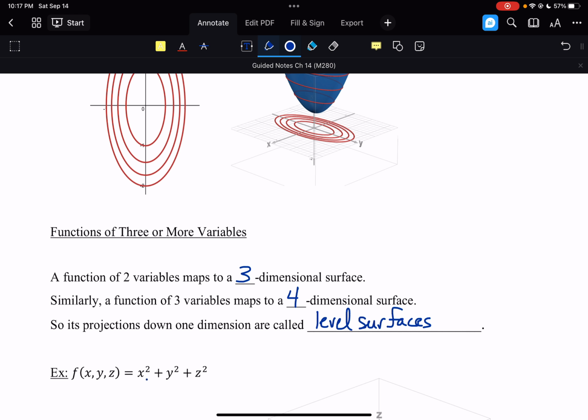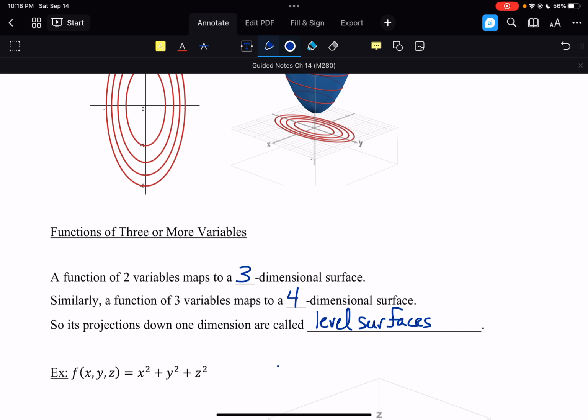So like, for example, if we have this function of 3 variables, x squared plus y squared equals z squared, this is a 4-dimensional object, okay, a 4-dimensional surface, because technically it's got 3 variables in here, and then a 4th one is the output, right? So 3 inputs, 1 output.